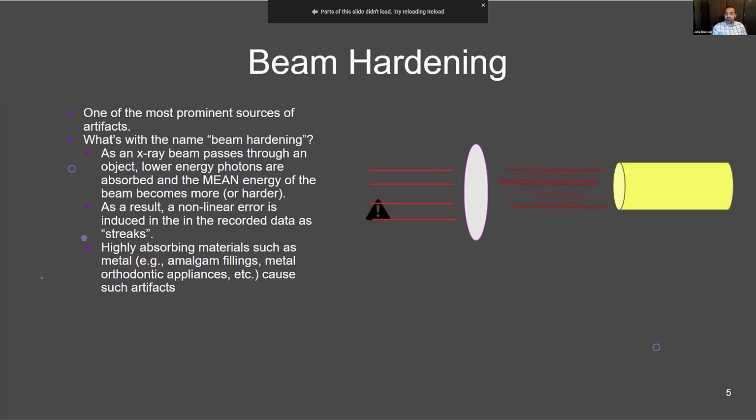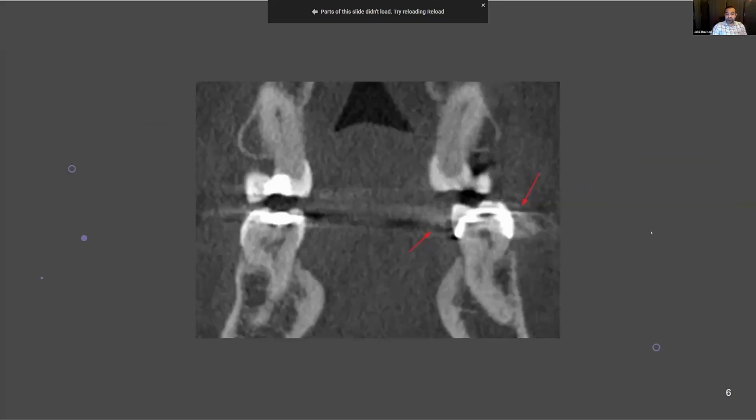Now, materials that have highly absorbing properties, such as amalgam fillings, dental implants, or even metal ortho appliances, can cause such artifacts in an image. Now, if we think about it, many patients have such findings in the mouth. So this is quite a common artifact to come across. Now, let's take a look at this cropped coronal section of the maxillary and mandibular molars on a CBCT scan.